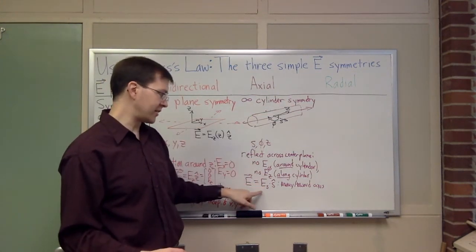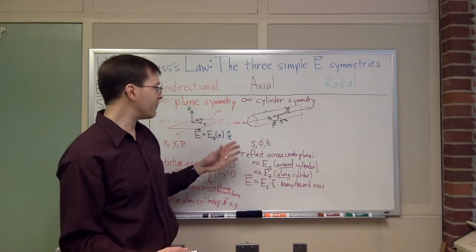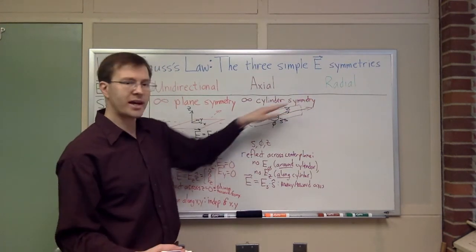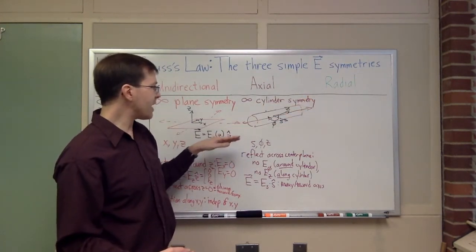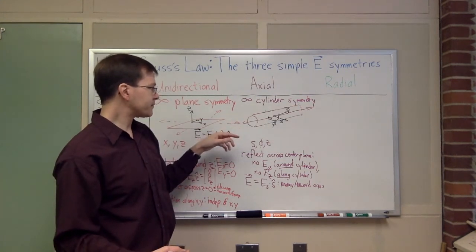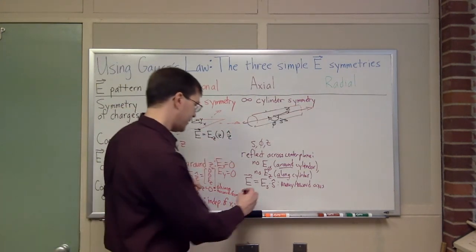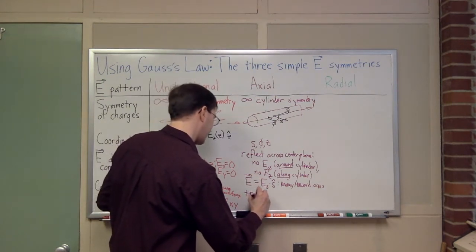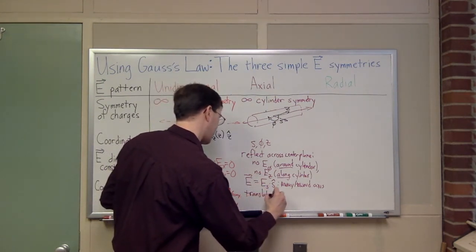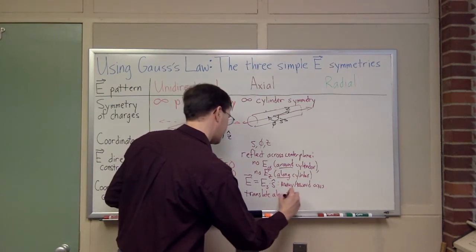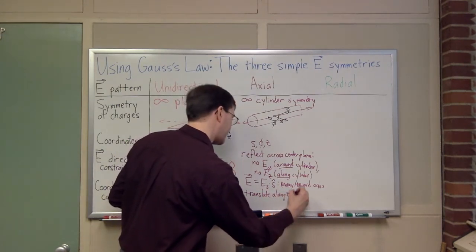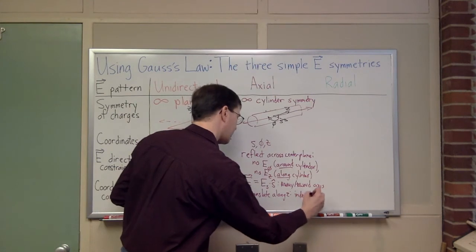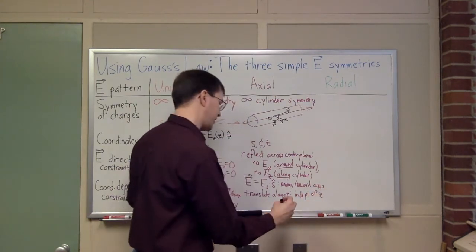We've got the direction of the electric field limited now, but how does this depend on where I am? If I slide back and forth along z, translations sliding along z means that we are independent of the z coordinate.